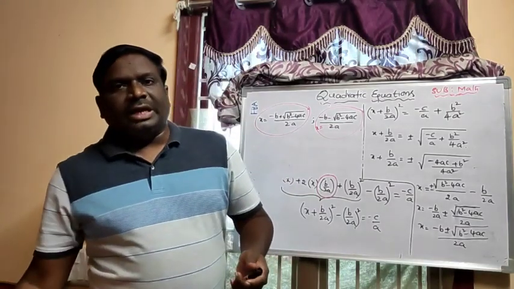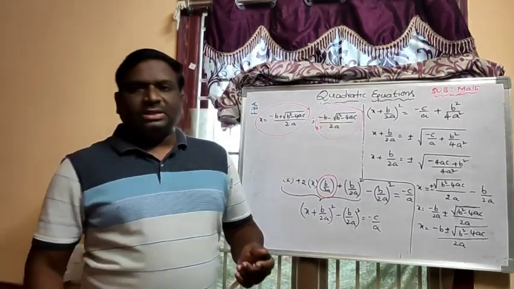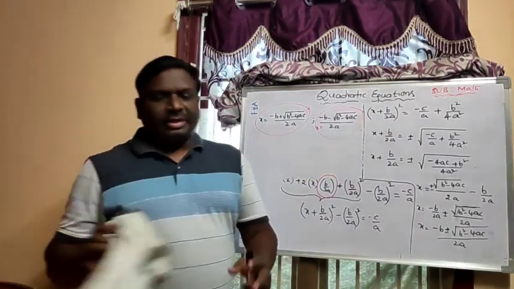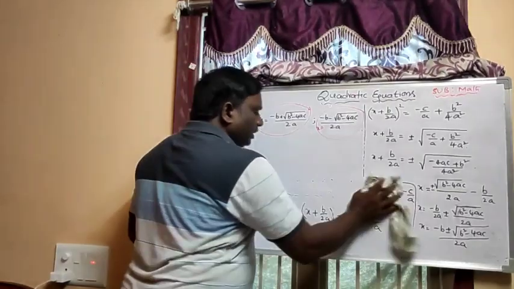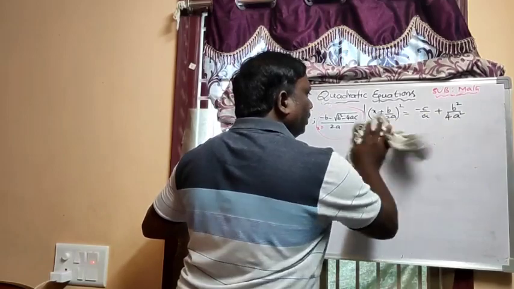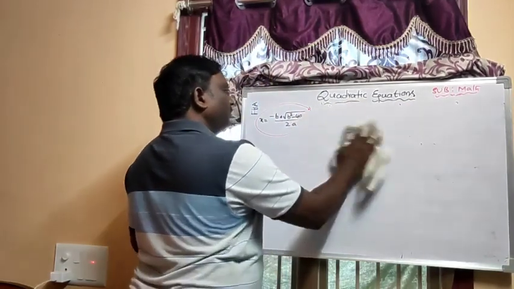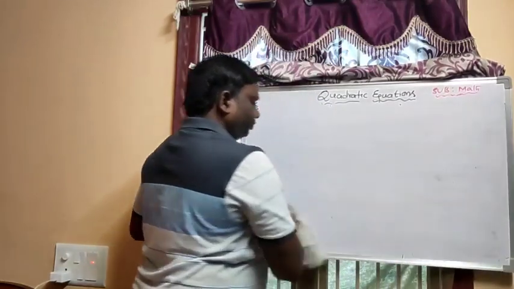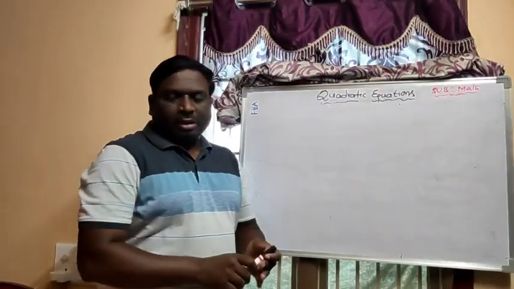Let us see the example questions, that means the exercise questions in our textbook. Different questions are there. In the first one, they are asking to find the solutions of a given quadratic equation by using the completing square method.